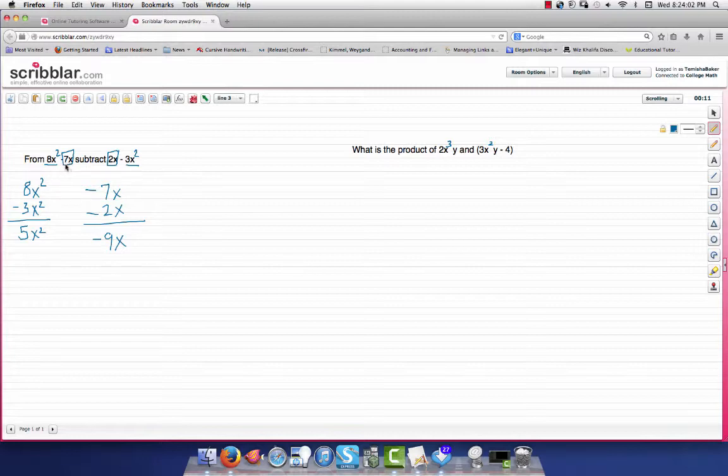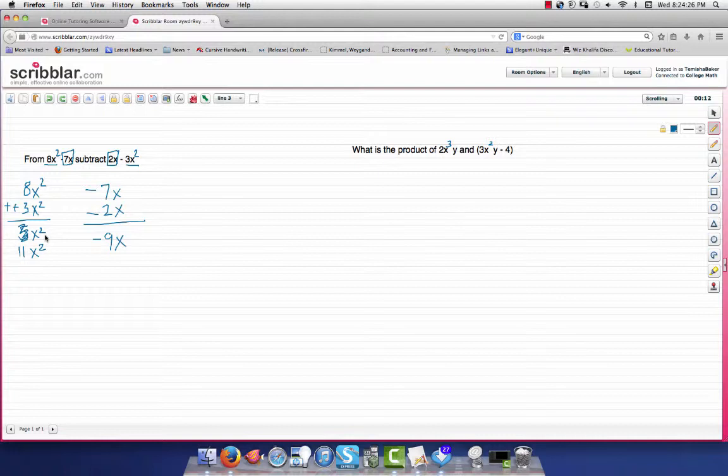And let me go back here to this one. This 3x term is negative and we're subtracting. So a negative and a negative come together and make positive. So this one here is actually going to be 11x squared. Okay, so be careful with those.